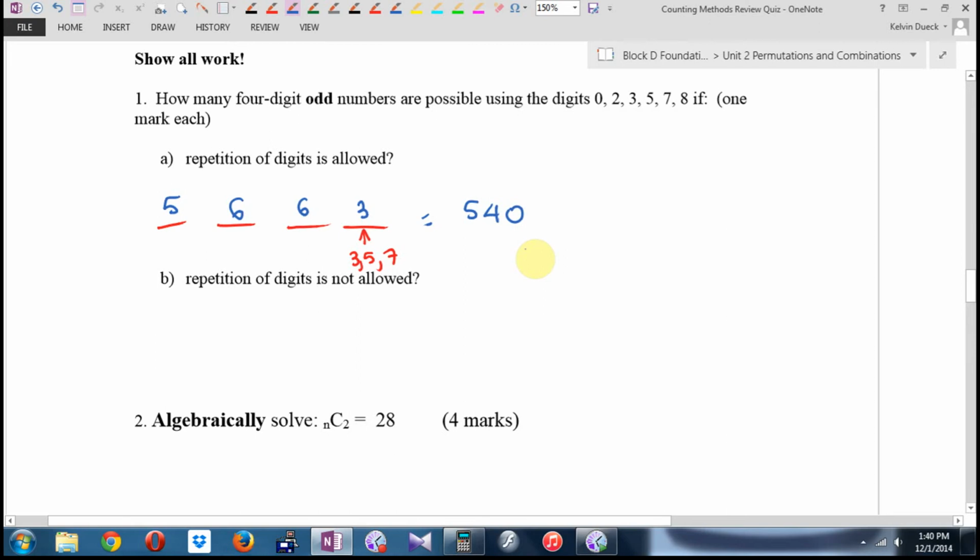Okay, what if repetition of digits is not allowed? Going to start out the same way. Instead of drawing a Scrabble bag, I'll just cross out numbers up there. So it has to be odd, which means I have 3 choices. Let's suppose it was a 7. There's my specific example. How many choices do I have for the first digit now? Careful, I don't think it's 5. Why 4?